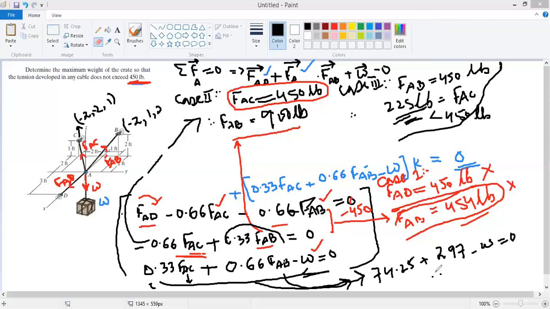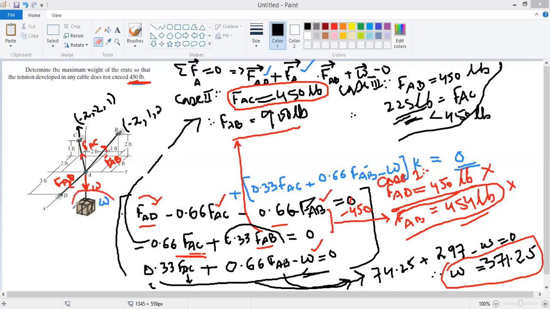Therefore, the maximum weight W comes out equal to 297 plus 74.25, which is equal to 371.25. Therefore, 371.25 becomes the maximum weight that we can hang at point A.